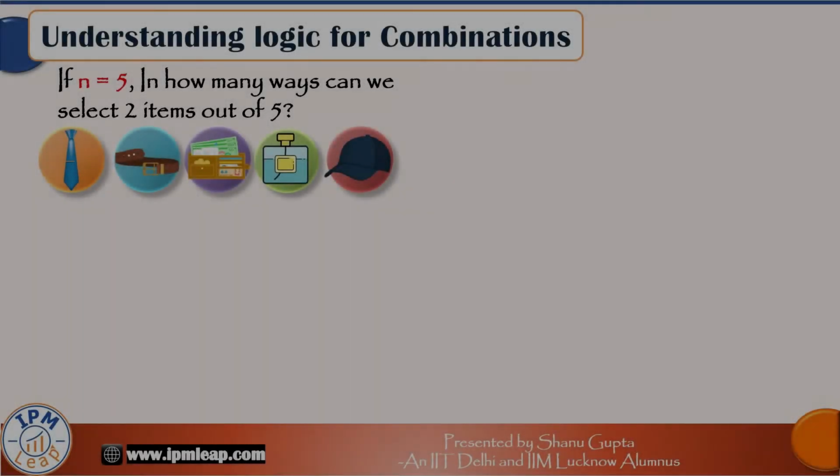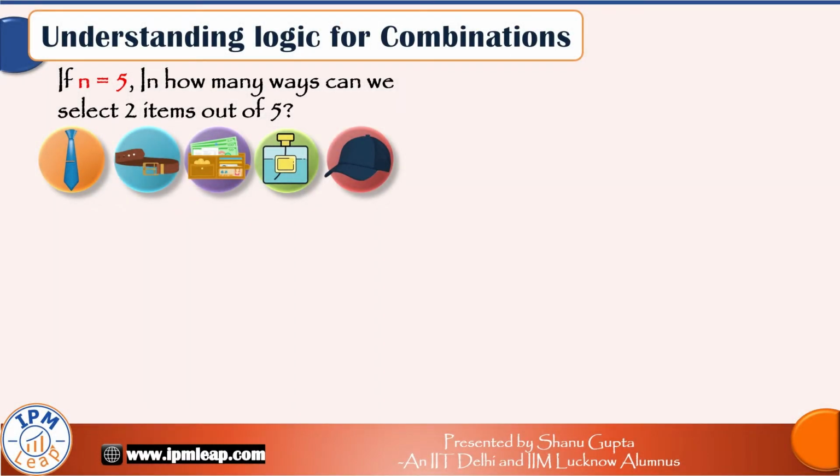The very first thing we need to ask ourselves is, why do we need the combination notation at all? Can't we work by pure logic? For instance, if someone asked you in how many ways can you select 2 items out of the given 5? Our task at hand is simple. We just need to make combinations of 2 items out of these 5.